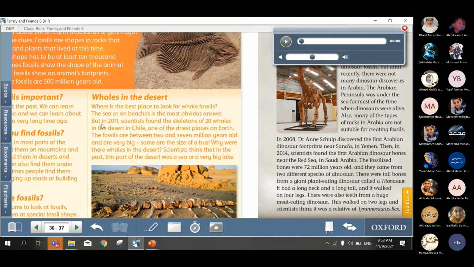But in 2011, scientists found the skeletons of 20 whales in the desert in Chile, one of the driest places on Earth. The fossils are between 2 and 7 million years old and are very big. Some are the size of a bus. Why were there whales in the desert? Scientists think that in the past, this part of the desert was a sea or a very big lake.